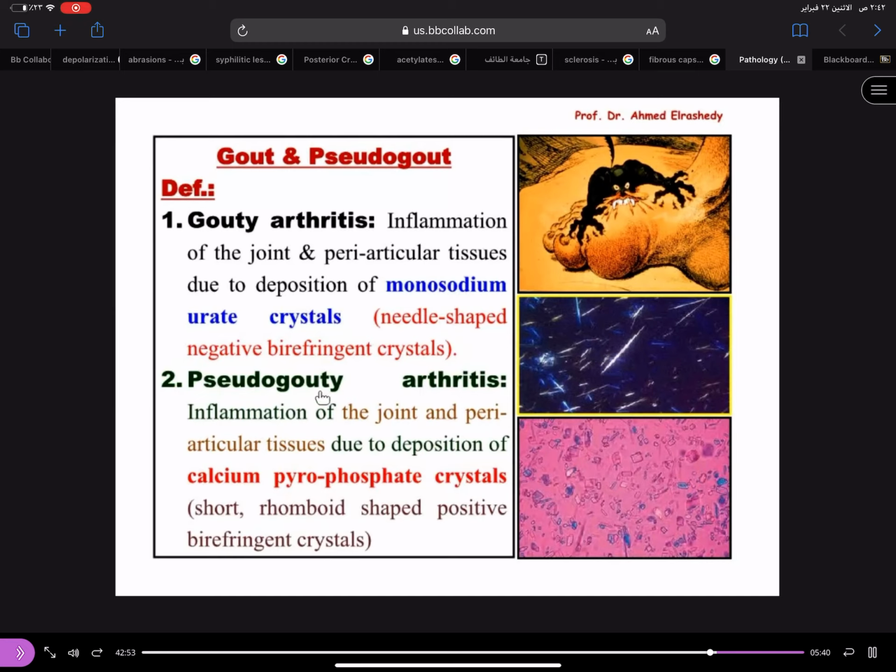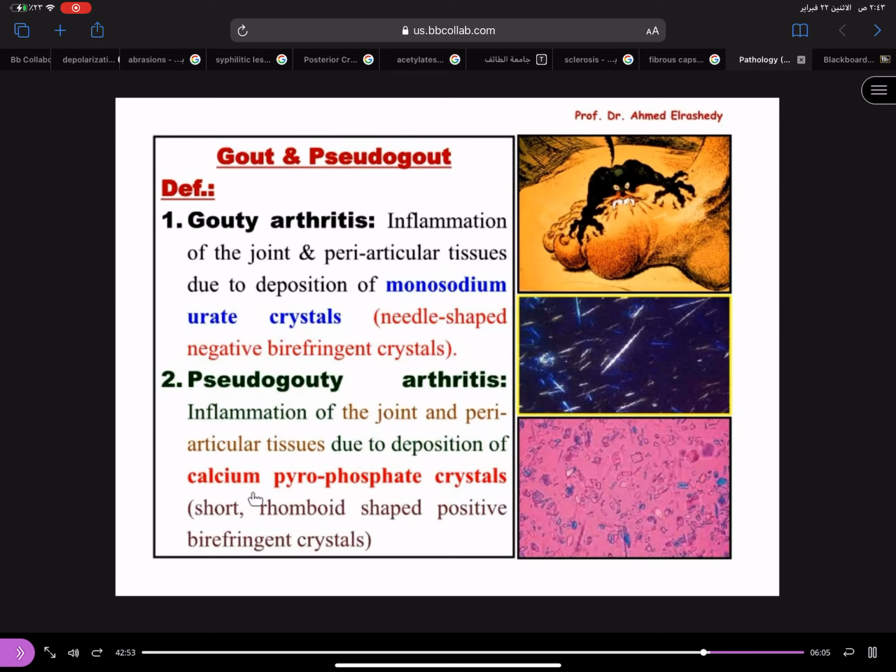So, pseudo gouty arthritis. What is the meaning of pseudo? Very good. So fake, false, not true, very good. All are correct. So it seems like gout, the same problem, but it is not actually due to urate crystals.